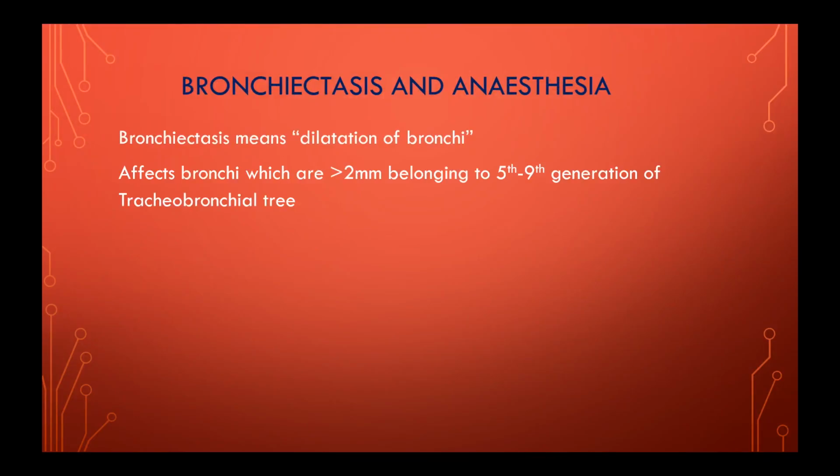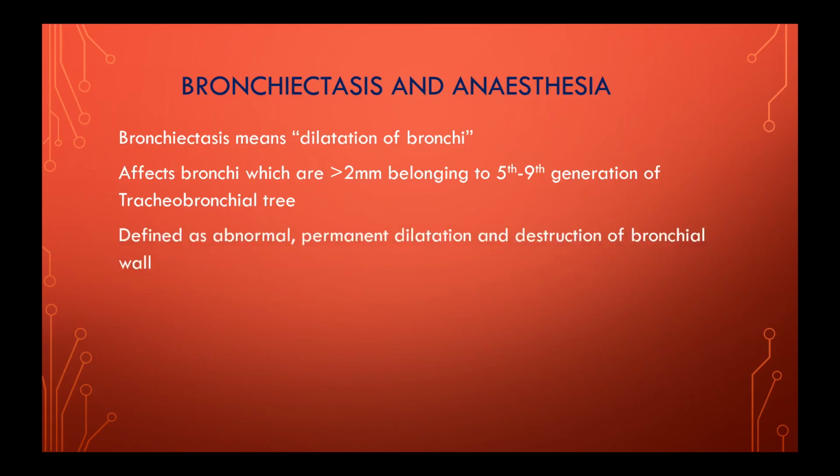We are dividing into the two main bronchi, then the lobar bronchi dividing into segments: upper lobe, middle lobe, and lower lobe bronchi, becoming narrower and narrower. So bronchiectasis affects the bronchi of sizes more than 2 millimeters.